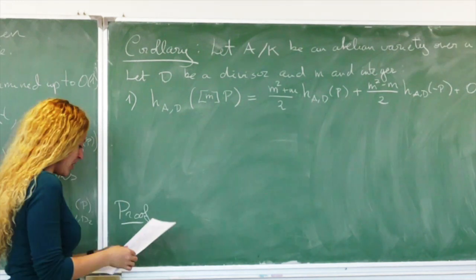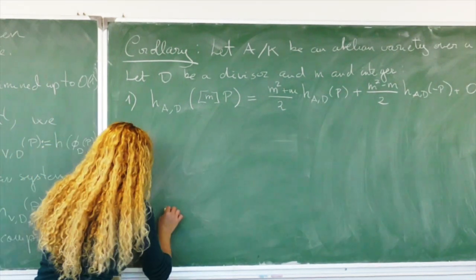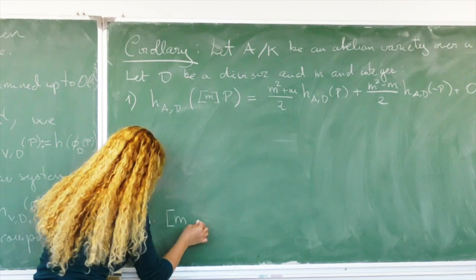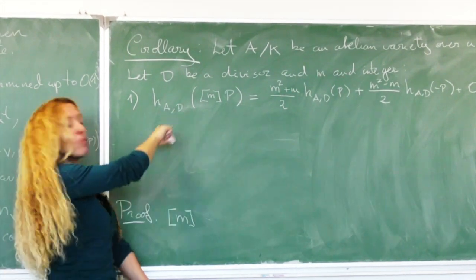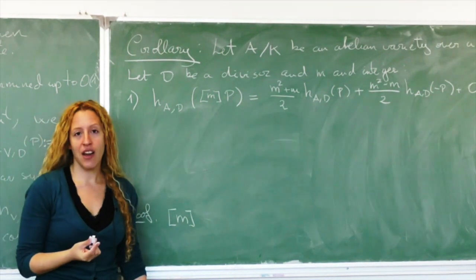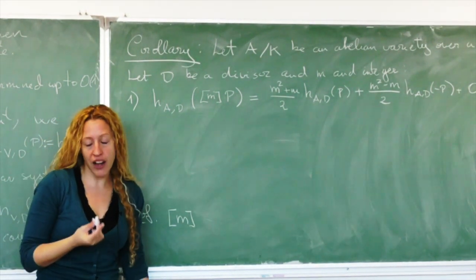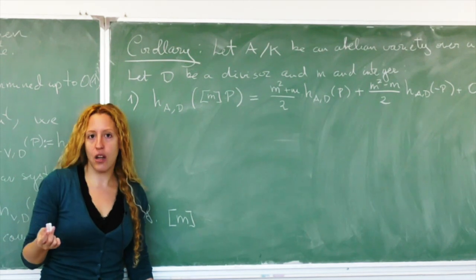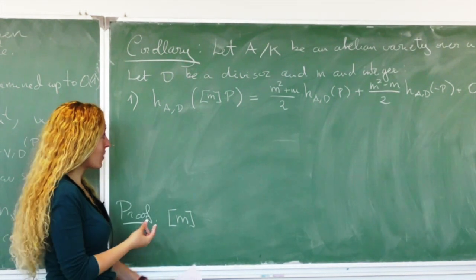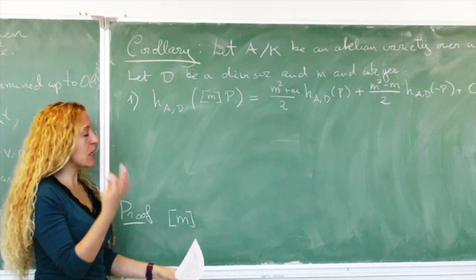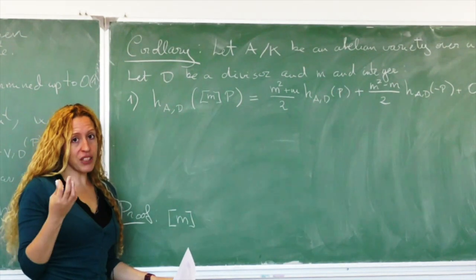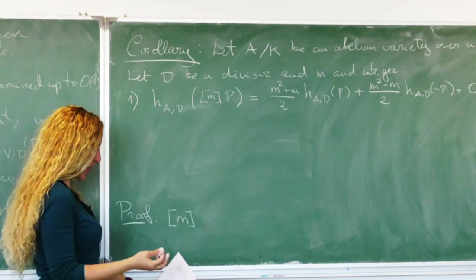The Weil height machinery. Basically, what you have to notice here is that I'm going to see multiplication by m as a morphism, right? The Weil height machinery uses morphisms to define different heights. So m times a point, you can see it as the image of P by the morphism multiplication by m on the abelian variety.